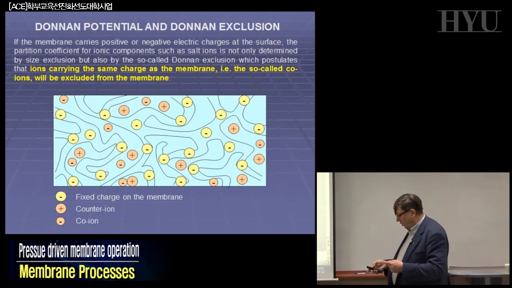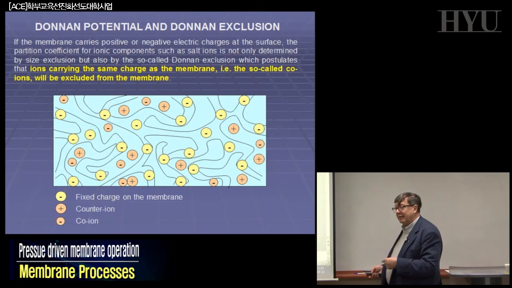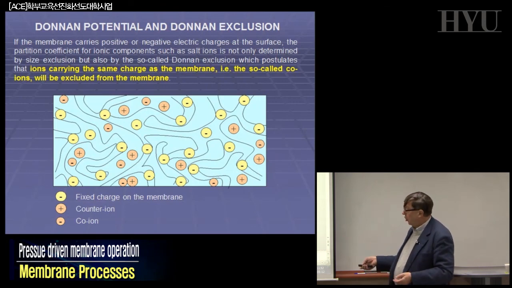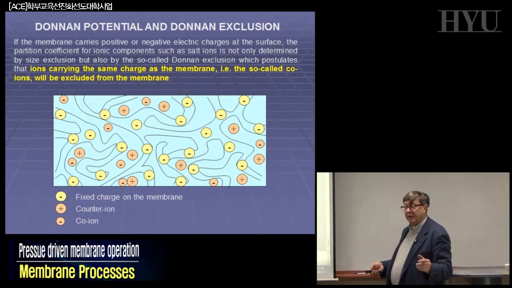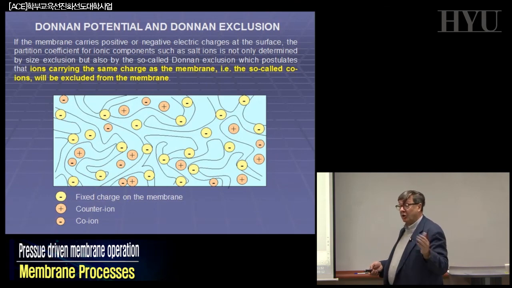If you write this, you will arrive at the conclusion that, depending on the ratio of the concentration of the fixed charge, what we call charge density, and the concentration of the external solution, you can have penetration or not of the co-ion. So you create what we call cationic membranes or anionic membranes.